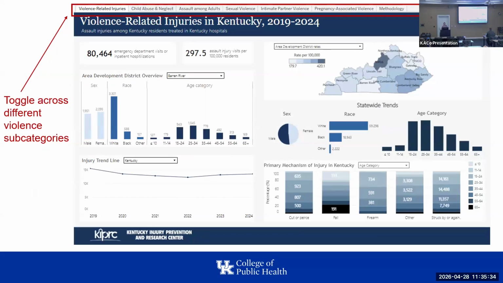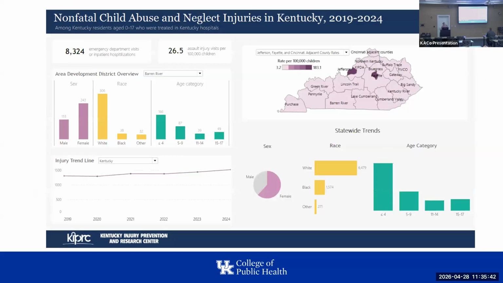We also show different types of violence. We have broken them out into different categories. At the top, you can toggle, and the next one would be non-fatal child abuse and neglect injuries in Kentucky. And this is just those who were seen in hospitals between ages 0 to 17.